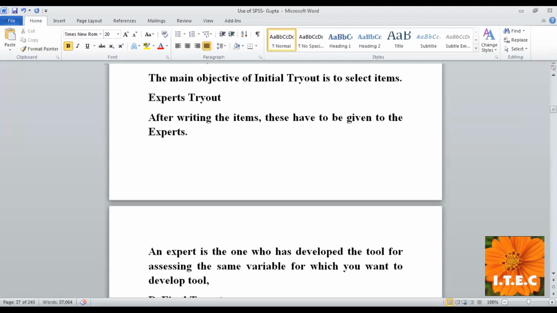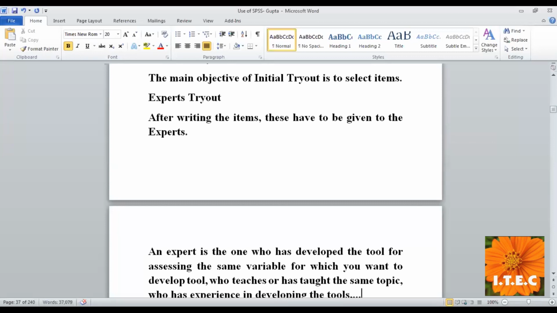Or the expert can be one who teaches or has taught the same topic, or who has experience in developing the tools.